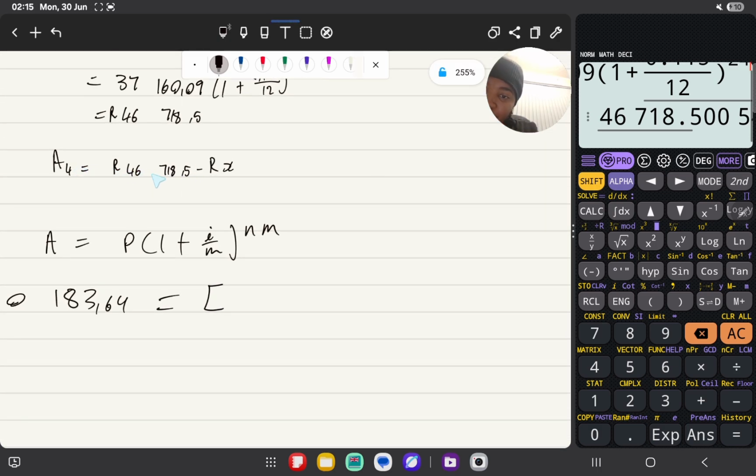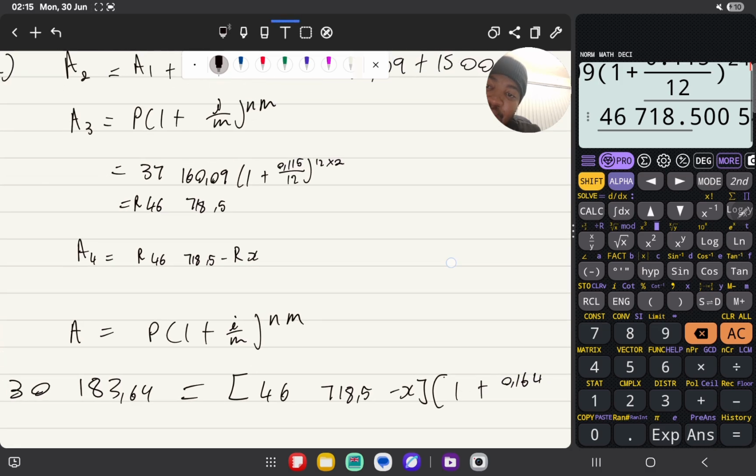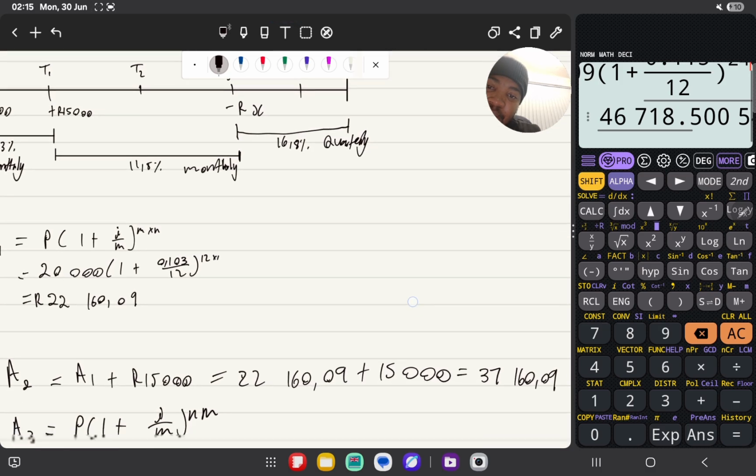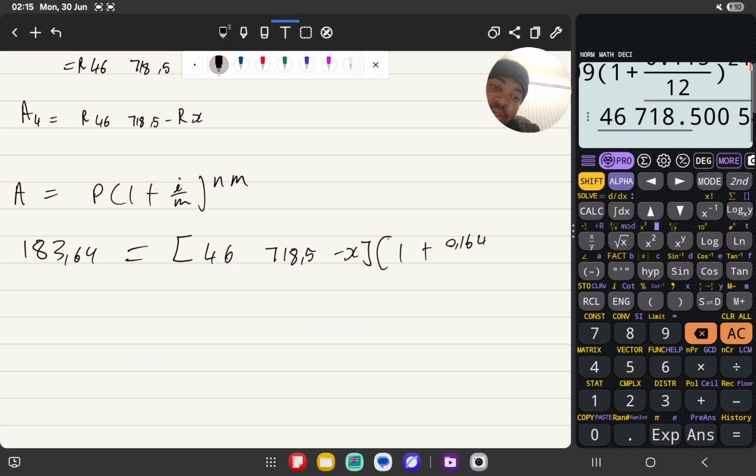So now this becomes our P: 46,718.5 minus X, the whole thing we are multiplying by 1 plus 0.168 quarterly, to the power of 8, that is times 2.